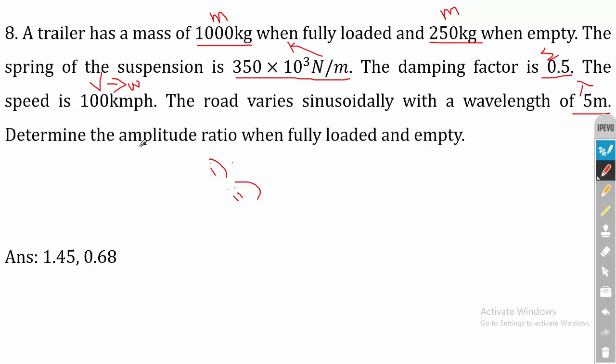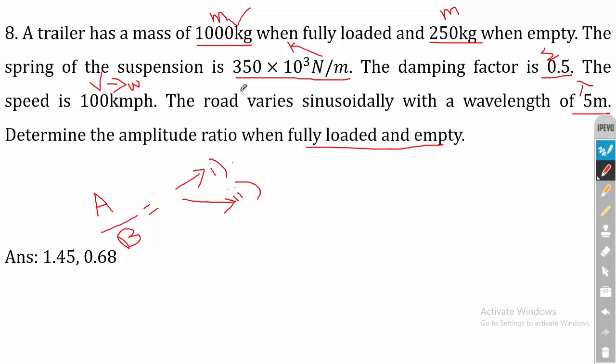Determine the amplitude ratio. So here we don't need to calculate the amplitude. We need to calculate the amplitude ratio, that is A by B, when fully loaded and empty. Which means A by B when the mass is 1000 kg, that is the first case, and A by B when the mass is 250 kg, that is the second case. So you have to split the problem into two.